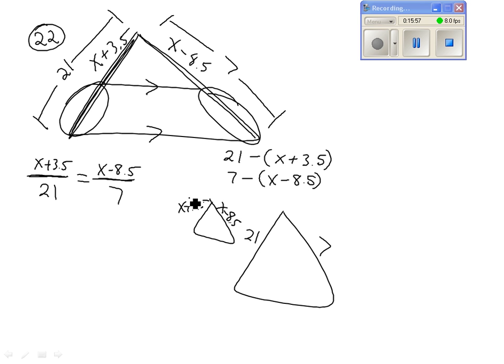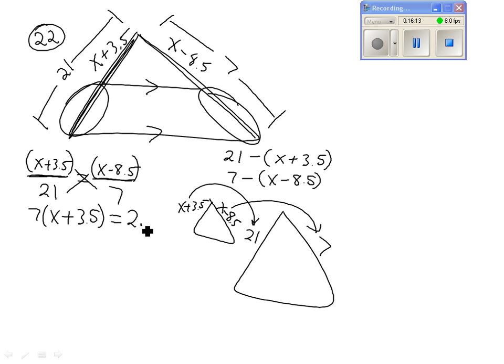And you just set this compares to that, the same as that compares to that. Put parentheses around this, cross multiply. We end up with 7 times x plus 3.5 equals 21 times x minus 8.5.